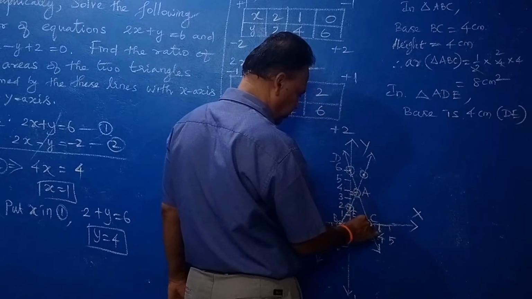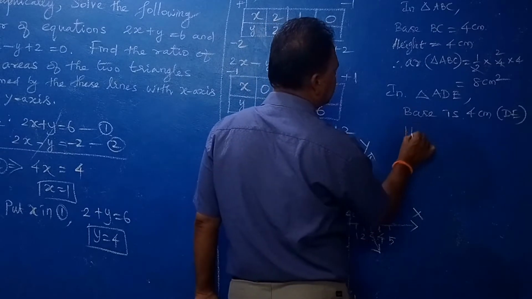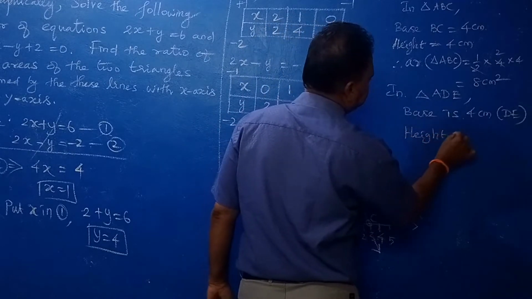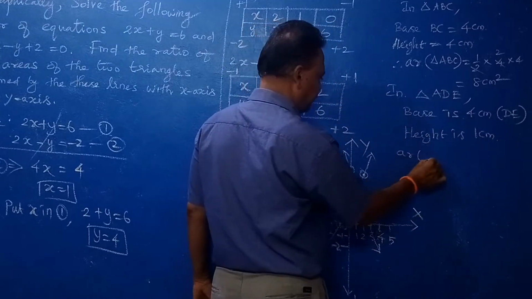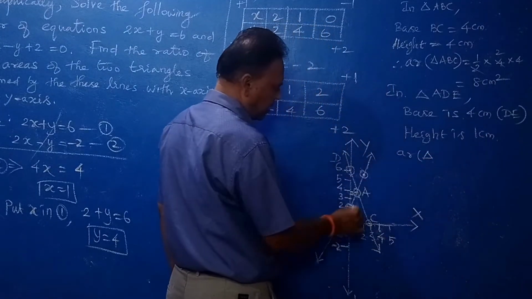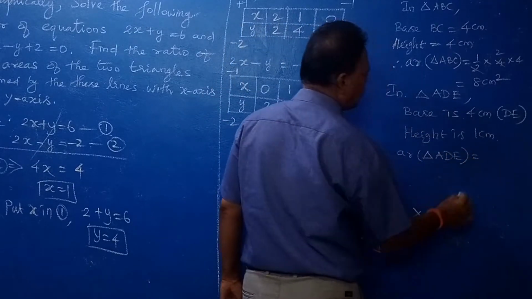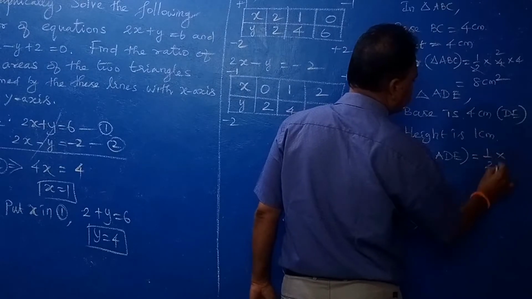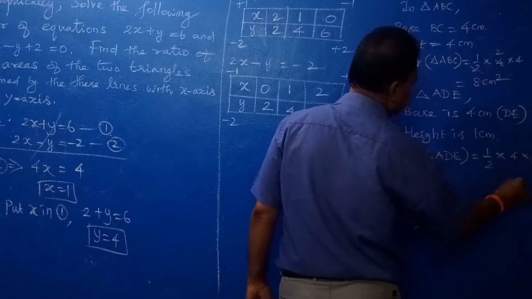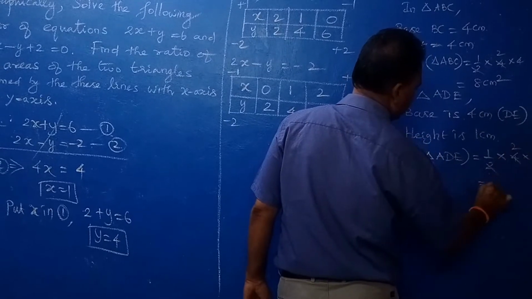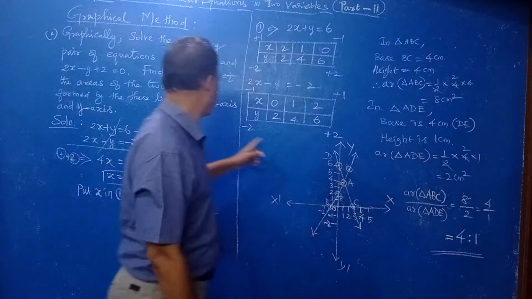You draw the perpendicular correctly at 1, 4. So height is 1 centimeter. Therefore, area of triangle ADE equal to half into 4 into 1. That is how much? 2. So 2 centimeter squared.